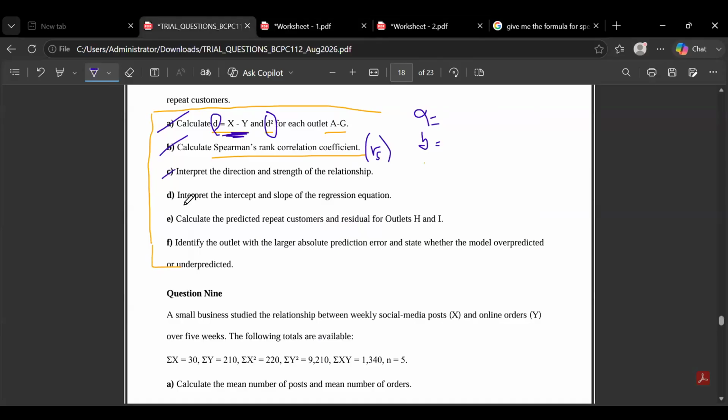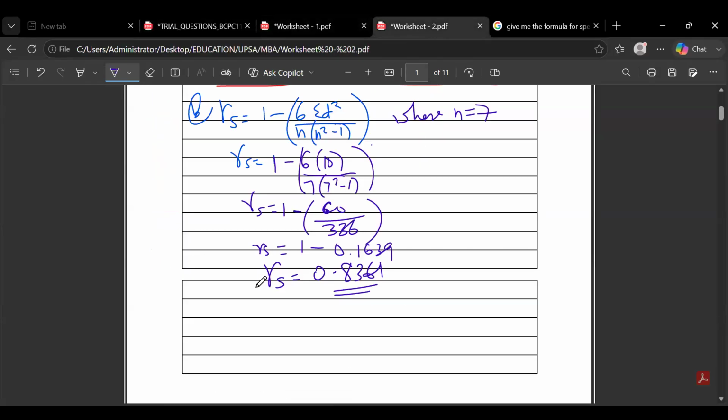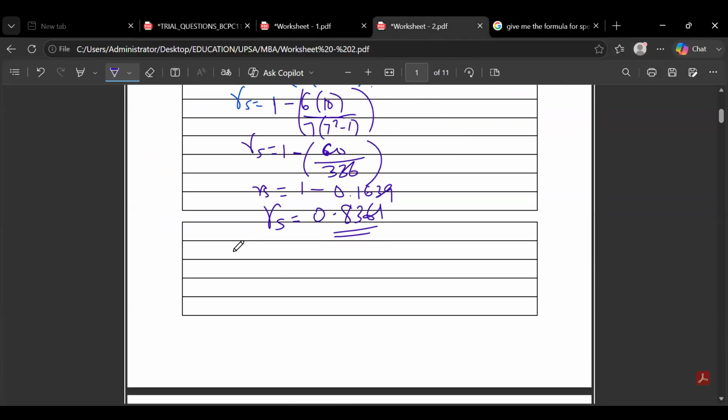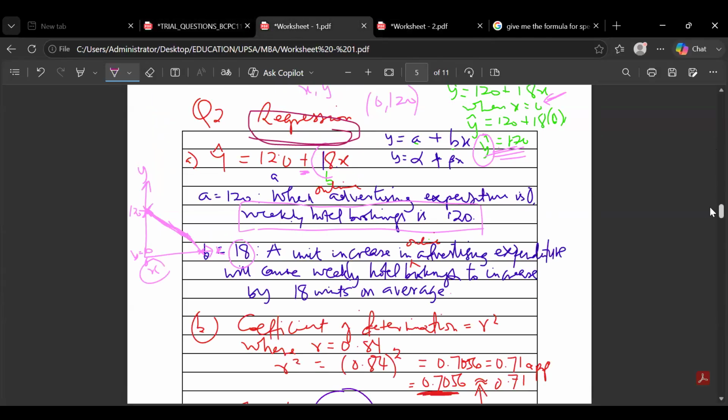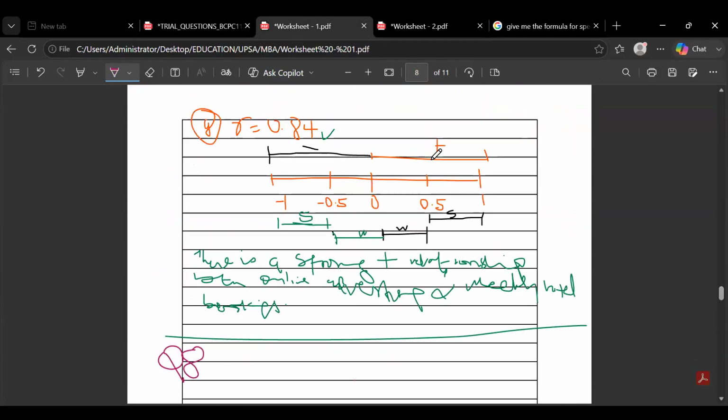Let's go to C. Interpret the direction and strength of the relationship. The direction is just like this one. Here is only R because that's the regression correlation.